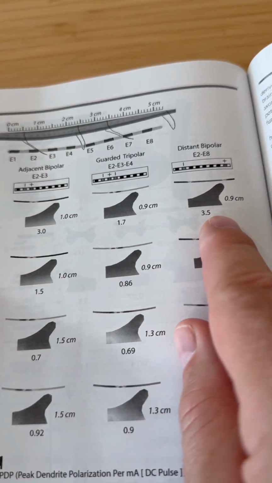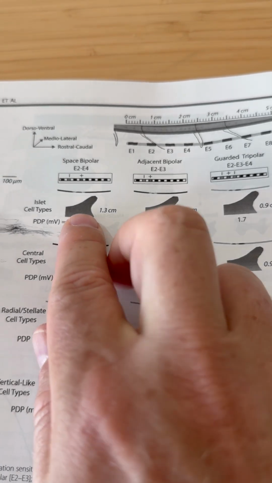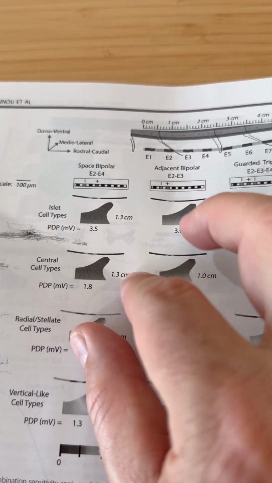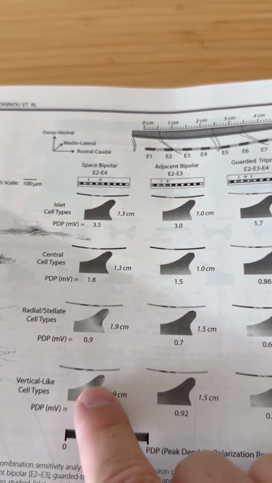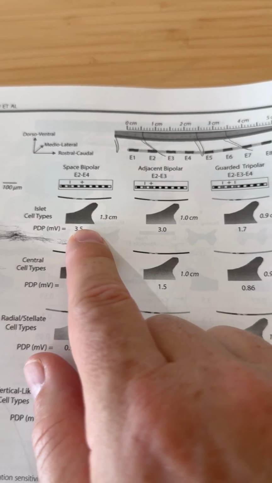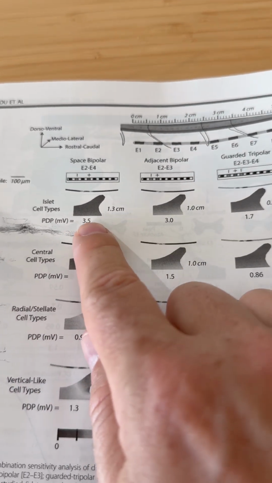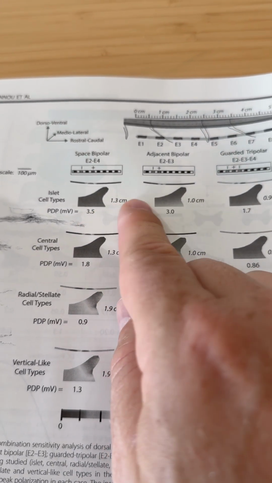If you move them farther apart, actually, there isn't much of a benefit. And so what that's telling us is by the time you have this spaced bipolar montage, where you have an active, a gap, and another active, you're producing the maximum polarization you're going to get of these dorsal horn interneurons, without much benefit as far as peak polarization by moving the electrodes farther apart or even using a monopolar montage.